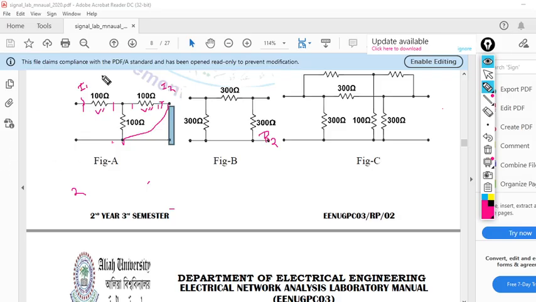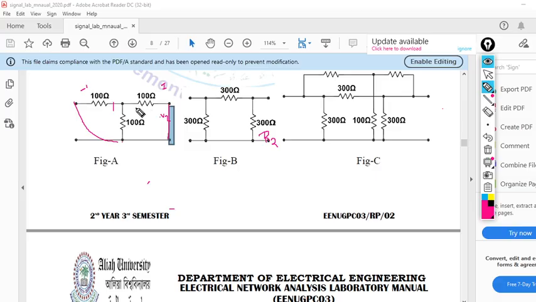Okay, so from this we get V1, the supply, which is 10 volt, and I1 and I2. These three we are getting. Similarly, if we supply it here and short circuit this path, then we can get V2 here.